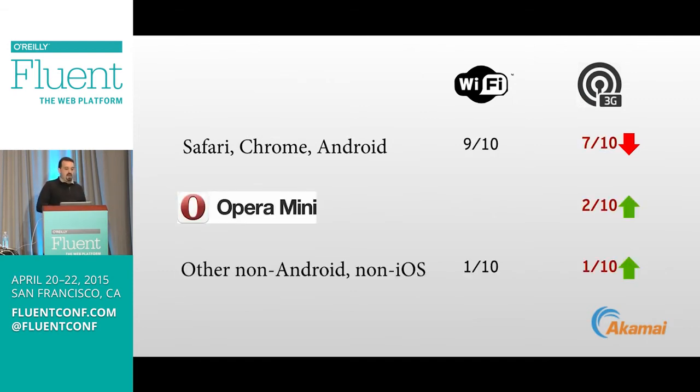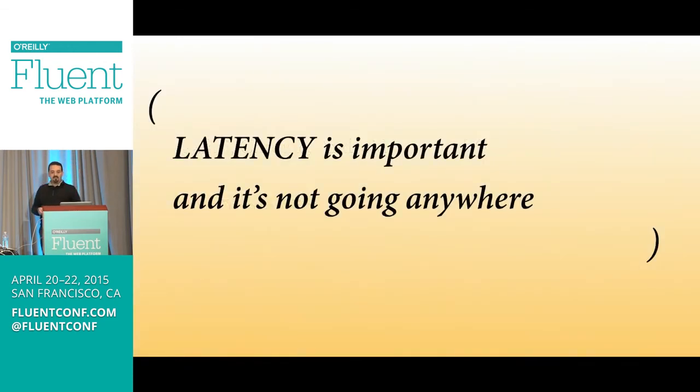And that is because we have Opera Mini and other non-Android, non-iOS browsers, such as our friend Internet Explorer. So when we are talking to people that are not using Wi-Fi, they're using just 3G or 2G, we have more people there using browsers that maybe you don't know about. So latency is important and it's not going anywhere for a couple of years. So we need to deal with this. This is our biggest problem.